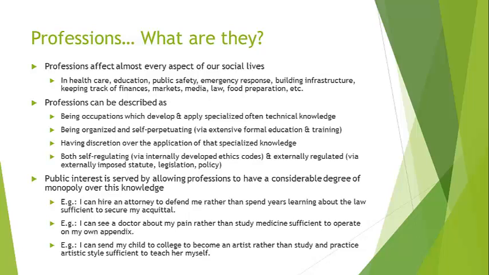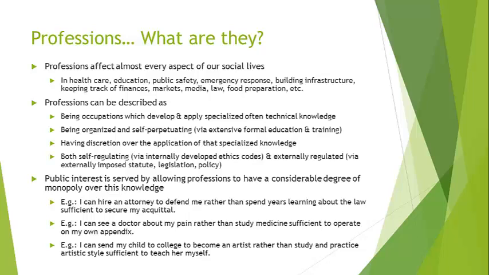Professions also have discretion over the application of that specialized knowledge. That degree of discretion can be both a source of benefit and a challenge for professionals. But they determine how it is that their knowledge is applied. And professions are, on the one hand, self-regulating, usually through an internally developed ethics code, and they're also externally regulated, usually through some externally imposed statutes, legislations, or policy.